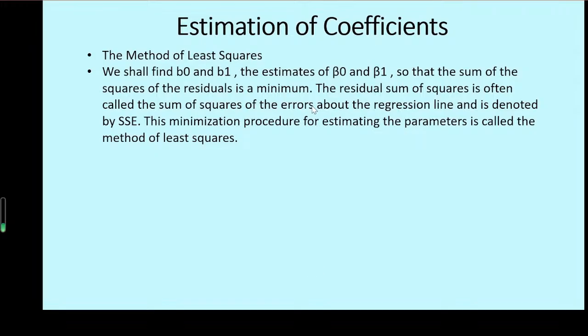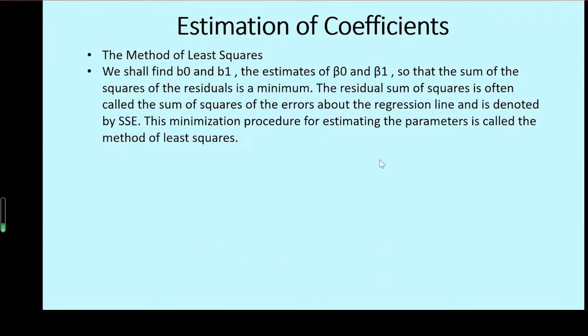So the estimation process is an optimization problem. So we have to minimize this error term between the fitted line and the observed value. And the residual sum of squares is often called the sum of squares of the errors about the regression line and is denoted by SSE.